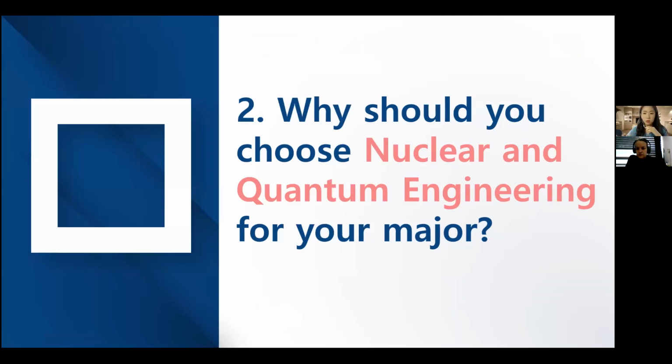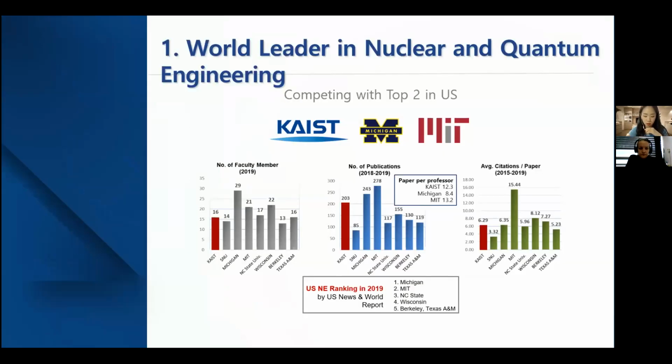And so as an undergraduate student, why should you choose nuclear and quantum engineering for your major or your minor? First, NQE in KAIST is a world leader in the field of nuclear and quantum engineering. The number of publications from KAIST is greater than the University of Michigan, which is a top-ranked university all over the world.